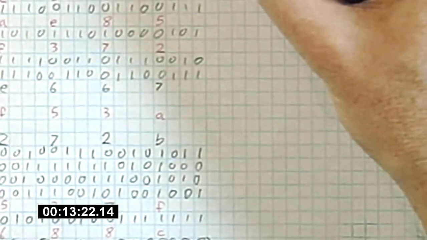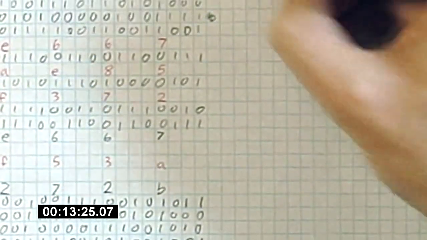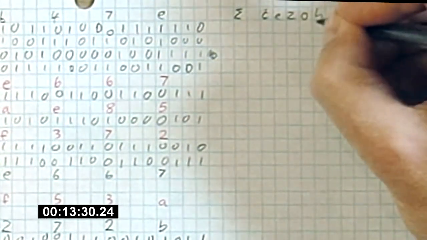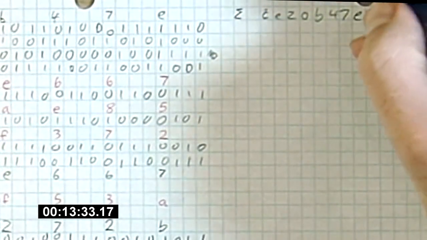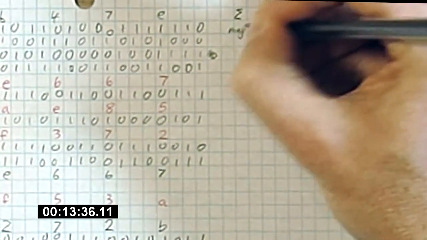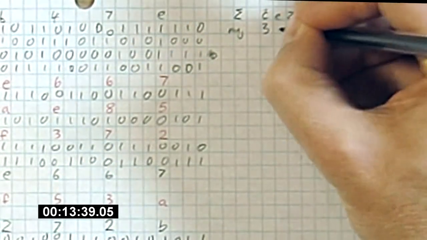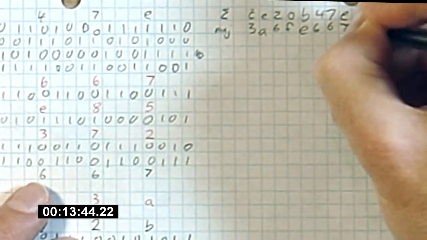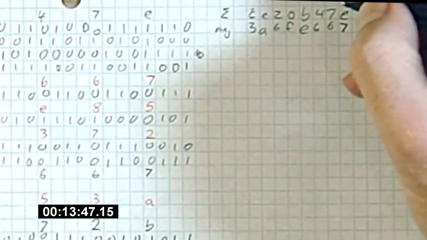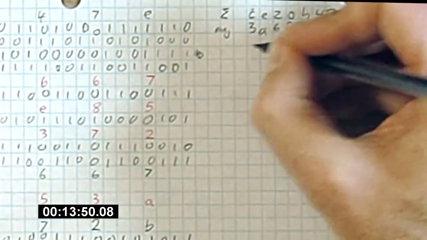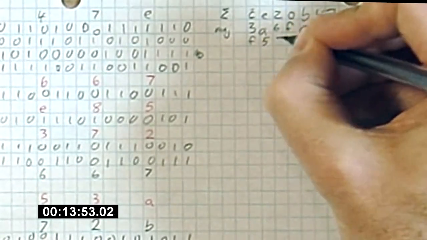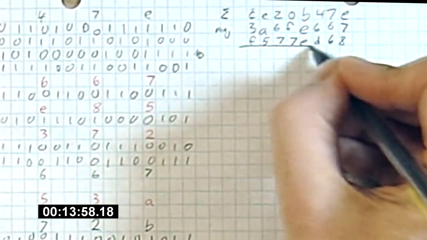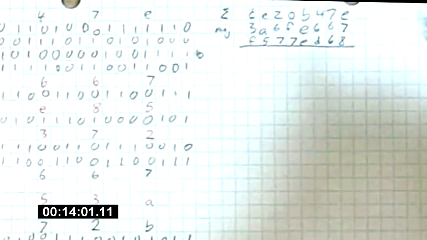We start with the sum we computed earlier, which was CE20B47E, and we take the majority value we calculated from A, B, and C. That's 3A6FE667, and finally we take our previous sum, which is F577ED68, and we just add these up in hexadecimal.